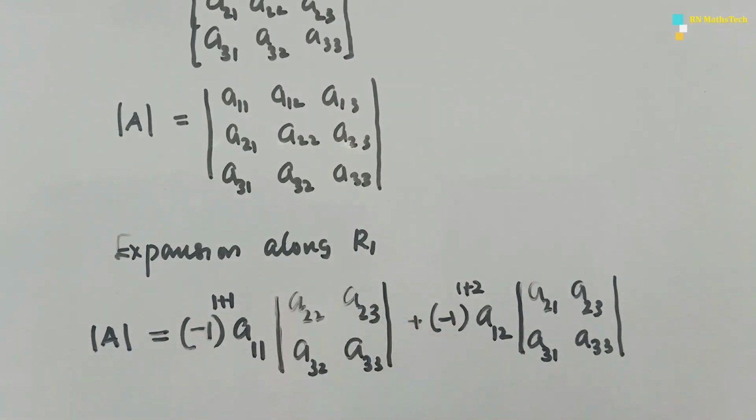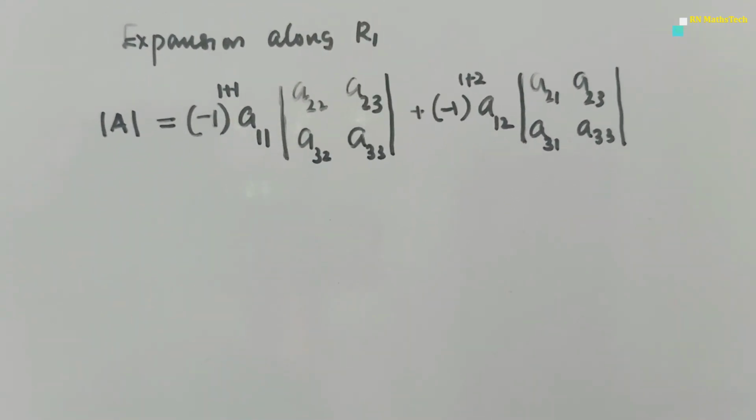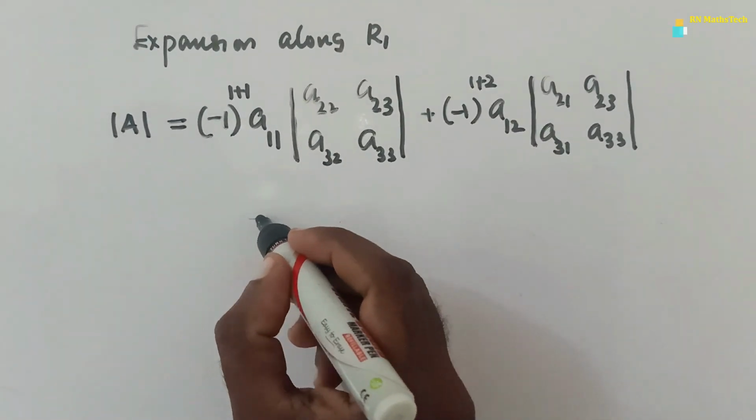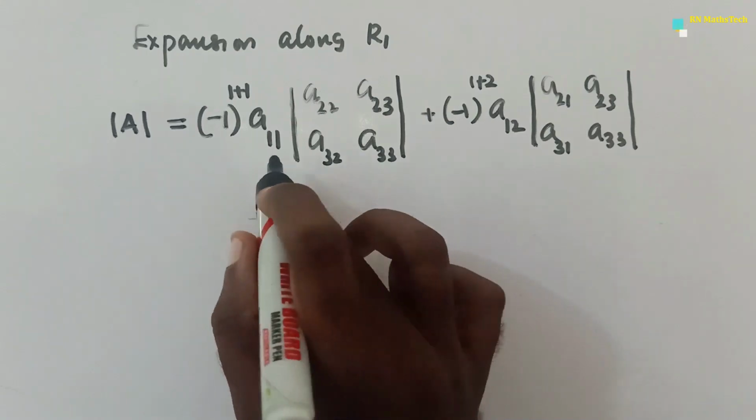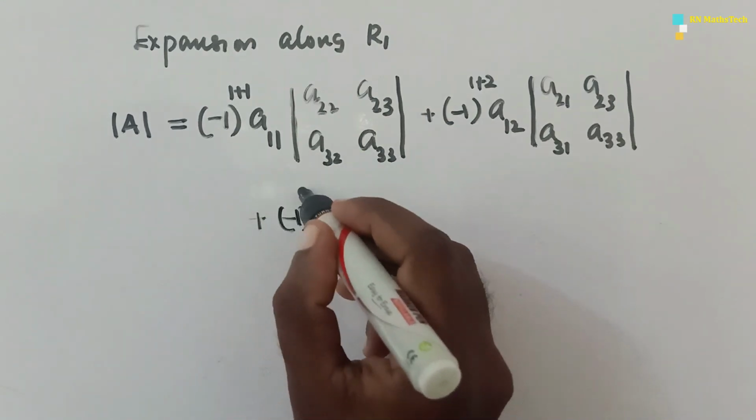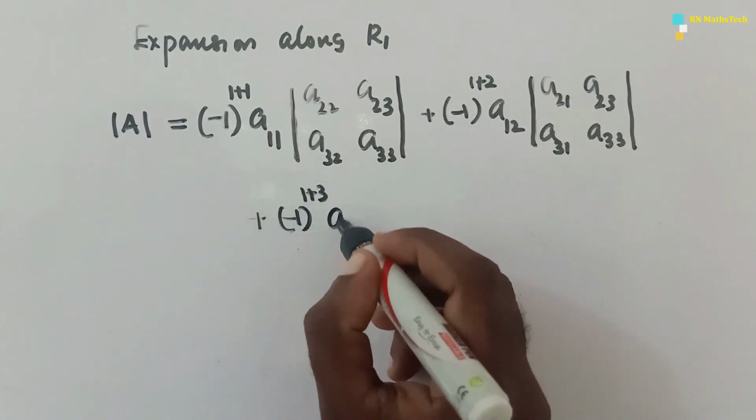Now the next term is plus minus 1 raised to 1 plus 3 into A13.